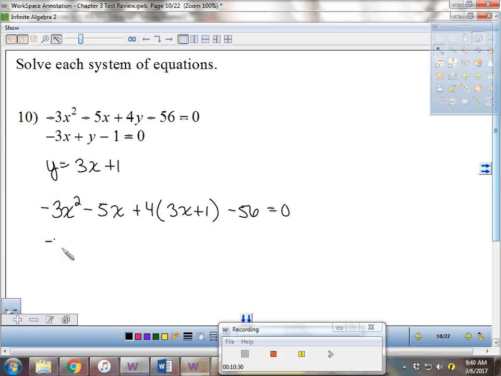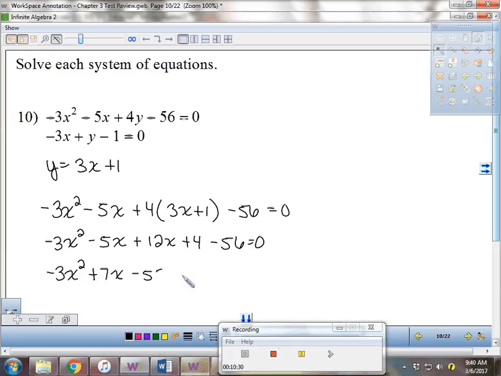So we'll distribute. That would give me 12x plus 4 minus 56. Then I combine like terms. I don't have any other x squareds. So I've got negative 5x and positive 12x, which would be positive 7x. And then 4 minus 56, which would be negative 52.